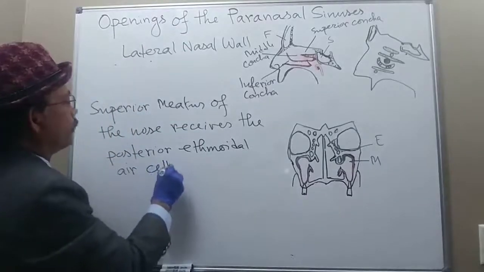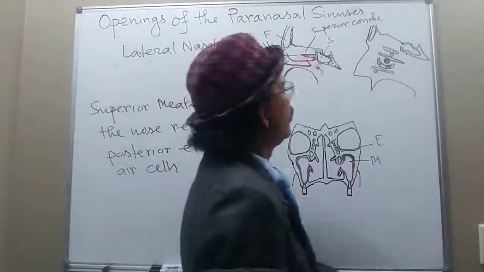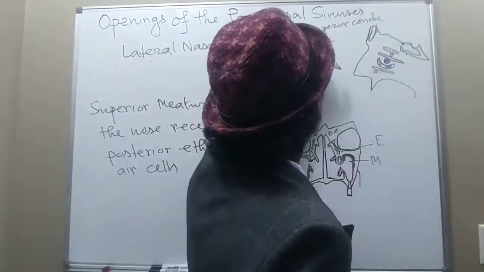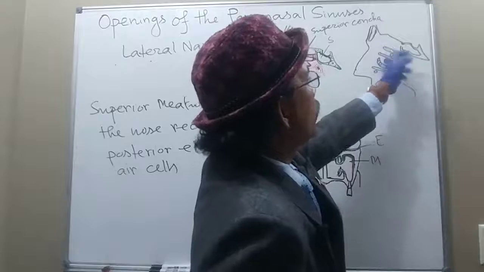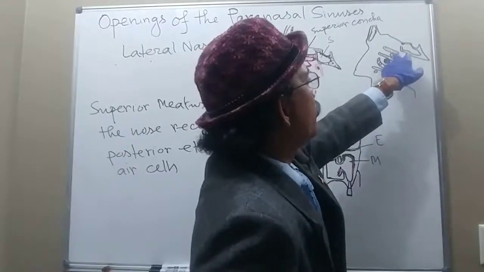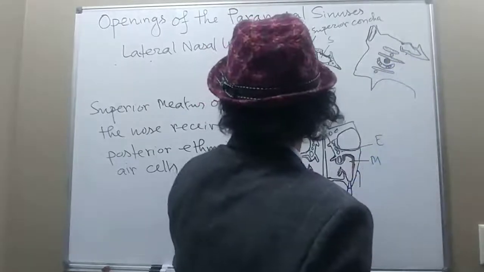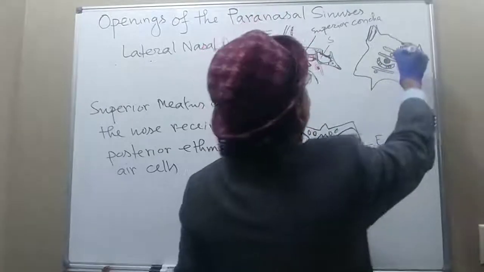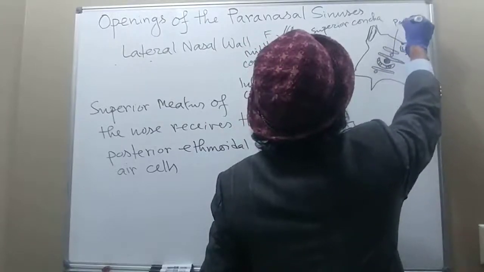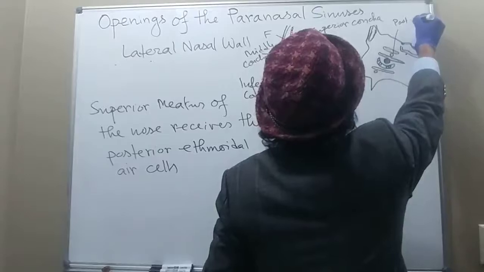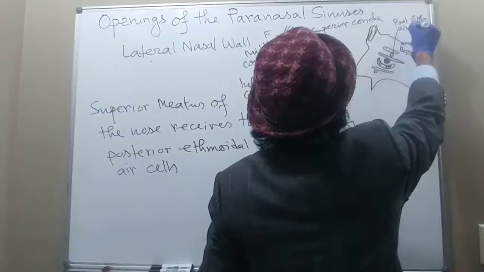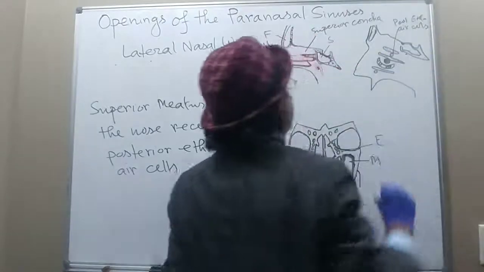Here is the superior concha. This has been cut. This is the superior meatus. It receives the posterior ethmoidal air cells. Here is the site of the posterior ethmoidal air cells.